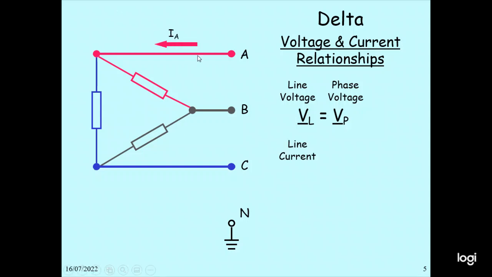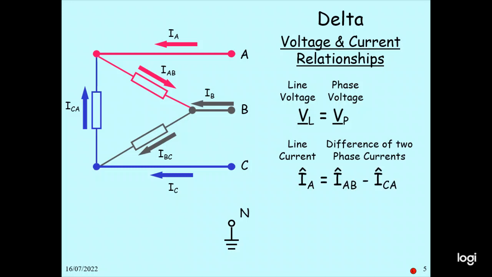And the line current IA is coming here, and also line current IB and line current IC. Then we go to IAB, IBC, and ICA. Those are the phase currents. So the line current is the difference between the two phase currents. If you want to calculate IA, the equation is IAB minus ICA.